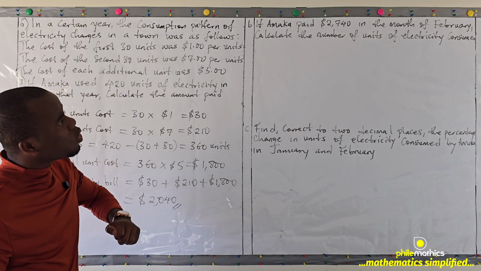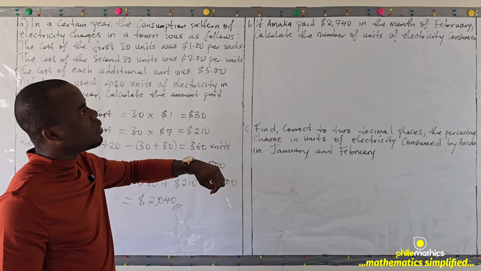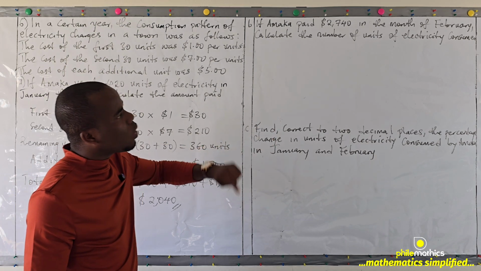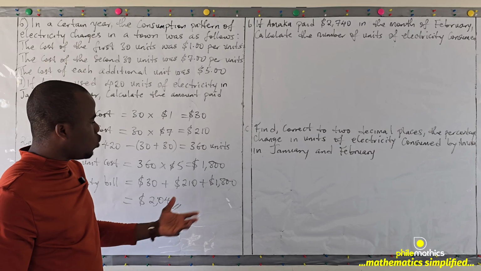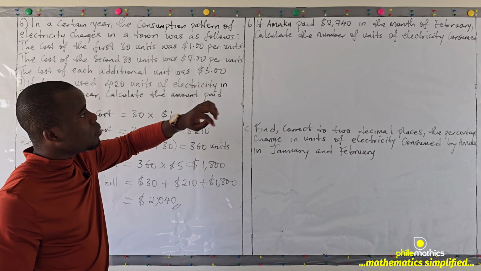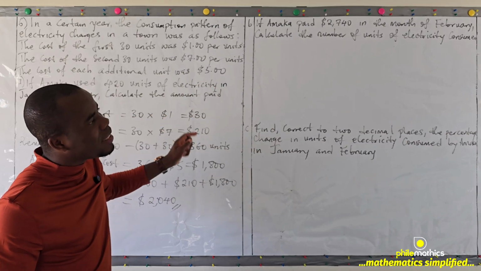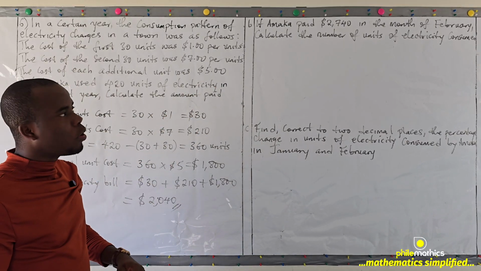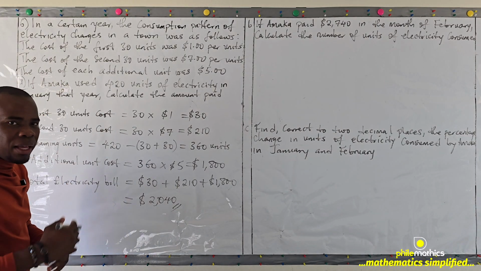The second question asks us, if Amaka paid $2,740 in the month of February, so it has moved from 2,040 to 2,740, calculate the number of units of electricity consumed. Now, we will fall back to how electricity is being calculated.